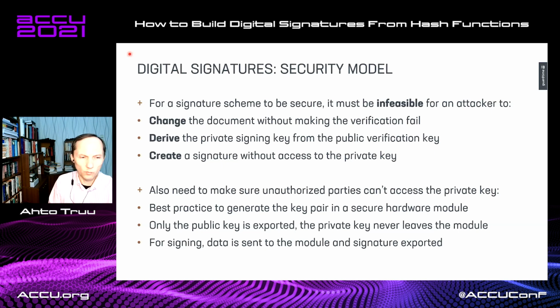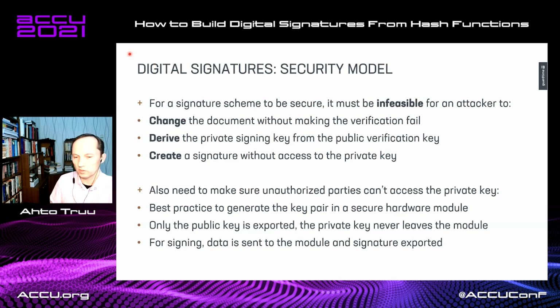And then we need to make sure that any unauthorized parties cannot access the private key. The best practice, if possible at all, is to generate the key pair in a secure hardware module and export only the public key from the module and keep the private key inside the module to never leave. For signing, the private key is not taken out of the module.